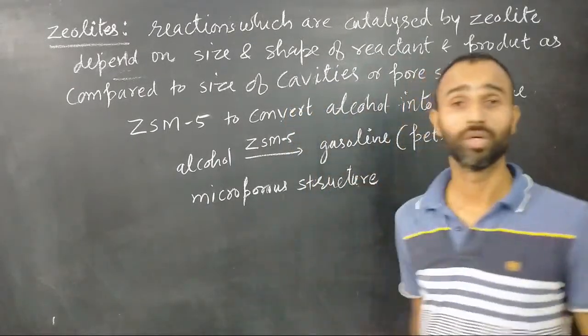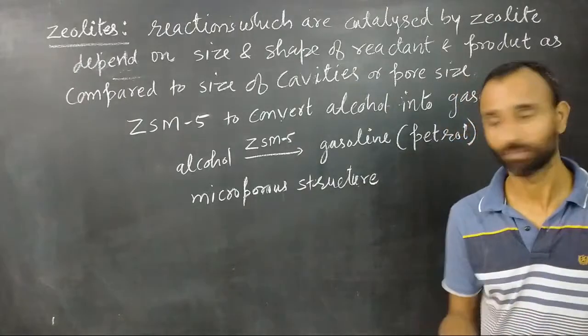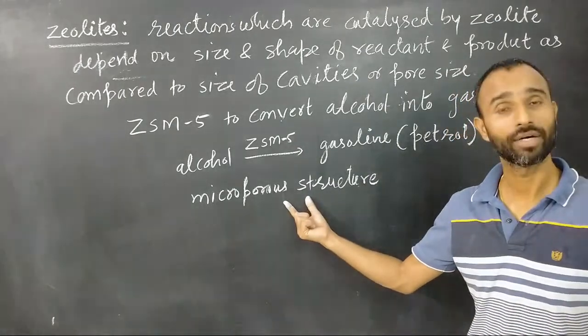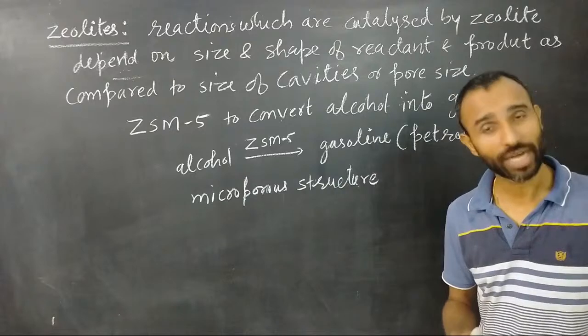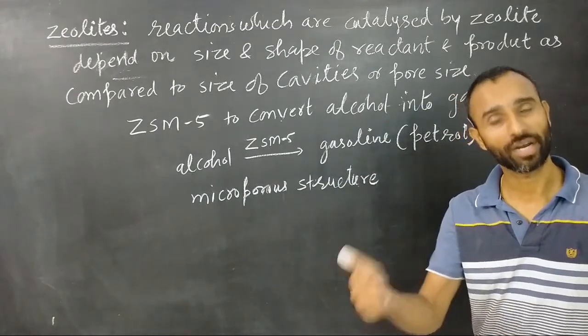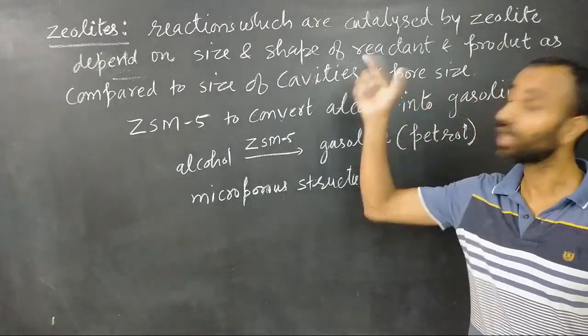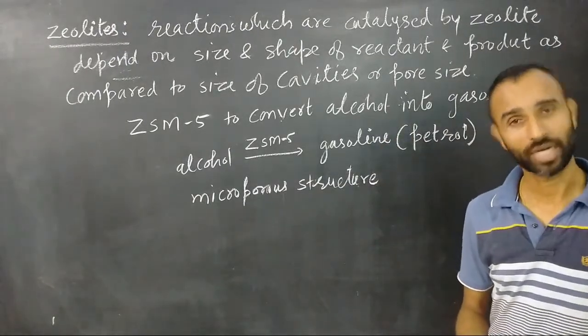And pore size, porosity of the zeolite decides which reaction it catalyzes. Okay, that's why it is called shape selective catalyst.